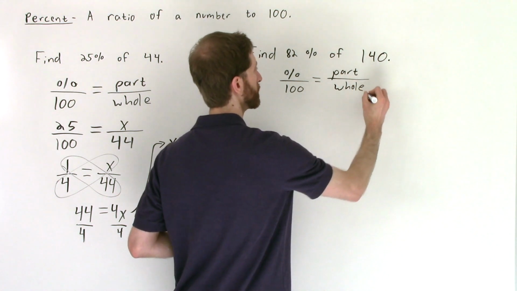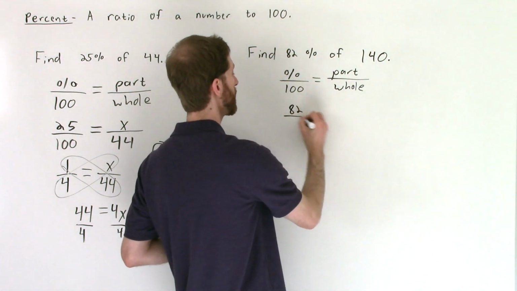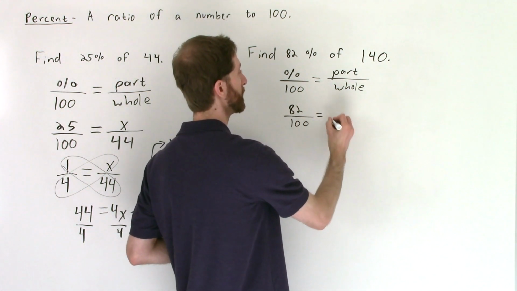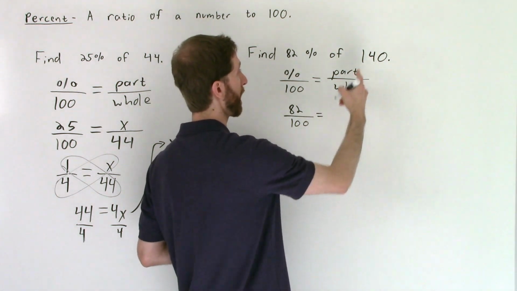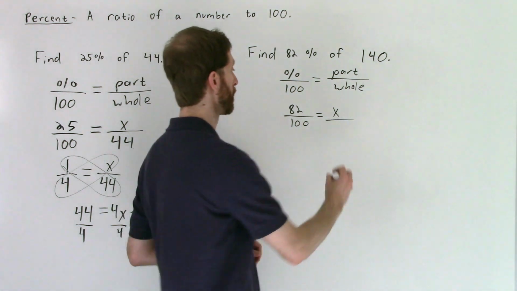Awesome. The percentage that we're given here is 82%. So I want 82 out of 100 to be equivalent to the part out of the whole, which the part we don't know. It's some number out of 140, and the whole is 140.